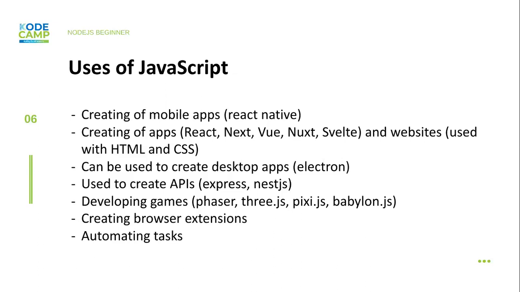So the backend developer writes his back end, like he writes his API, and then he writes documentation. The documentation is a document explaining how that API works, right?